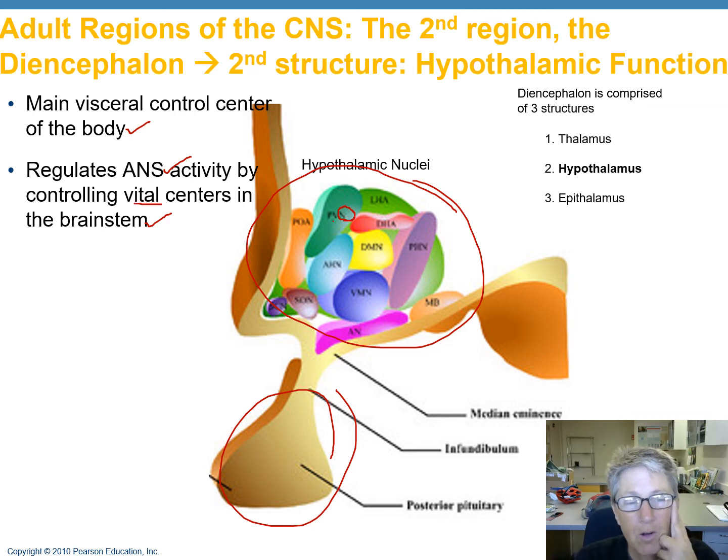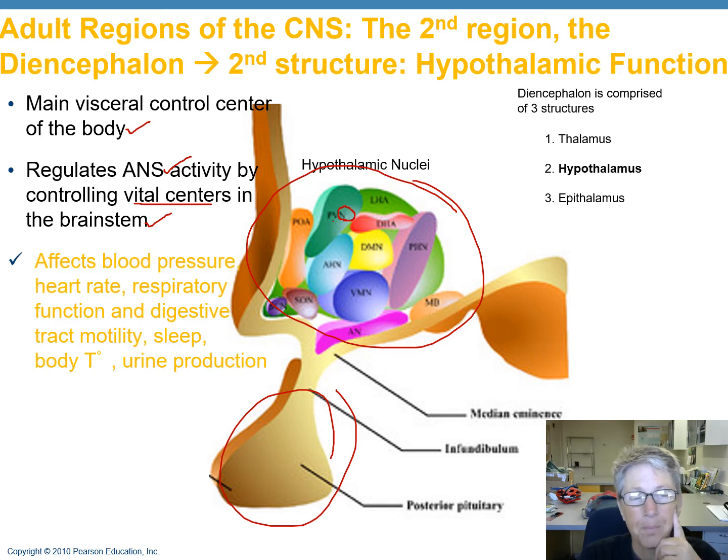So your vital centers include your cardiac center, your respiratory center, your vomiting center, etc.